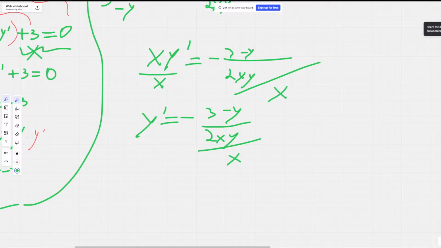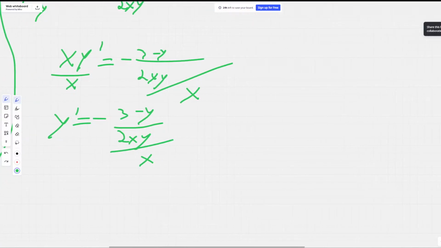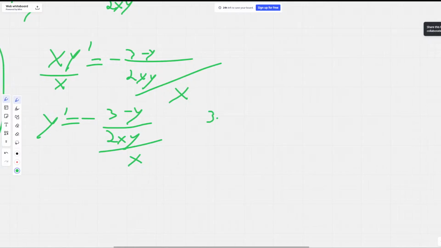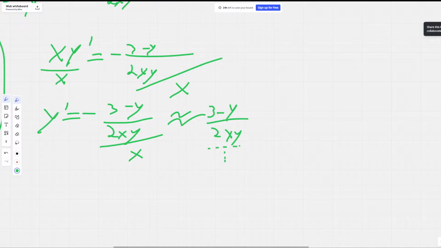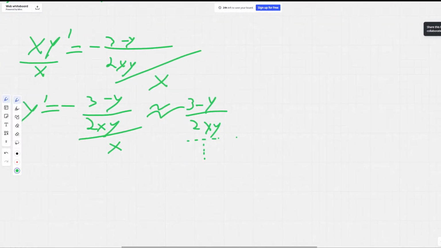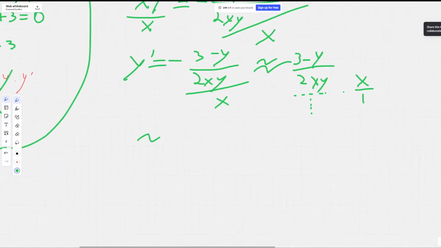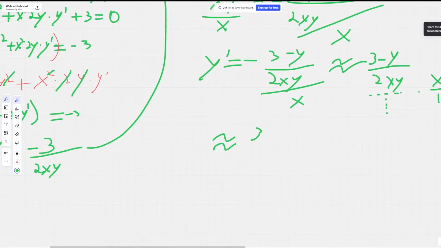I suppose, rather, that would be 3 minus y. That's not a y. 3 minus y for 2xy, which is over 1. It would then be times x over 1. Would then be 3 minus y, 2x squared y.